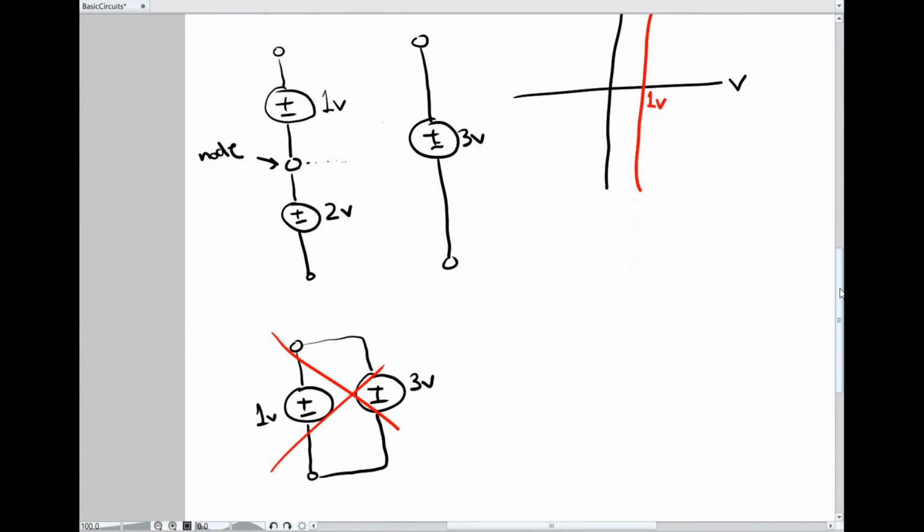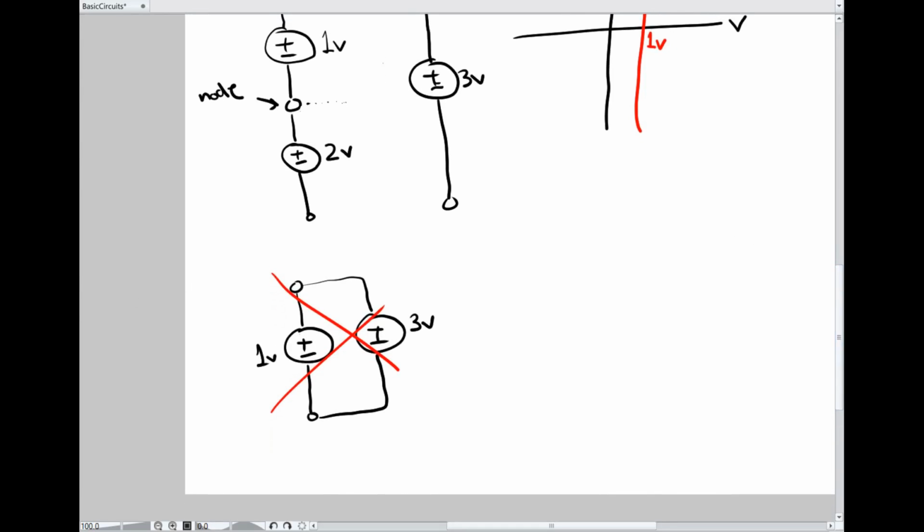Okay, so that's independent voltage sources. Now, independent current sources. Well, before I go on to independent current sources, I'm going to say a couple more things about independent voltage sources. Sometimes you see an independent voltage source drawn this way, as opposed to a circle with a plus and a minus in it. This is another legitimate way to draw an independent voltage source. The symbol resembles a voltaic pile, right?